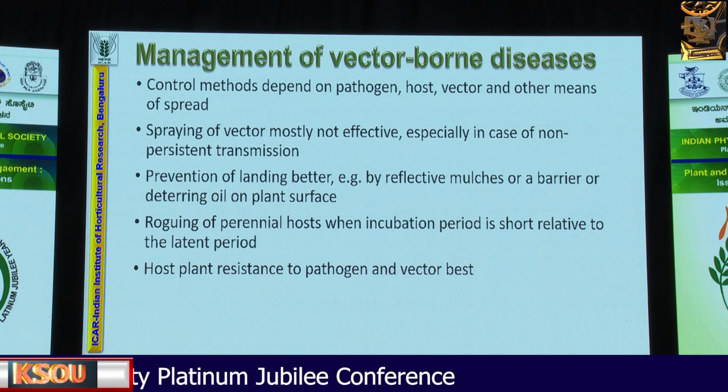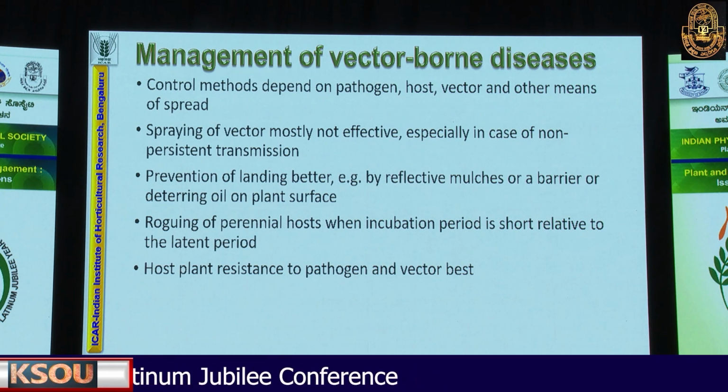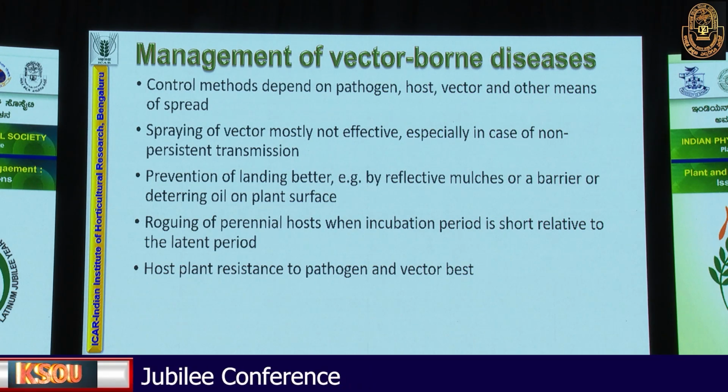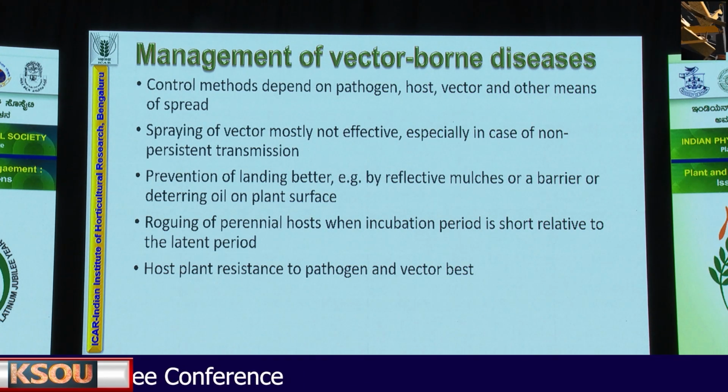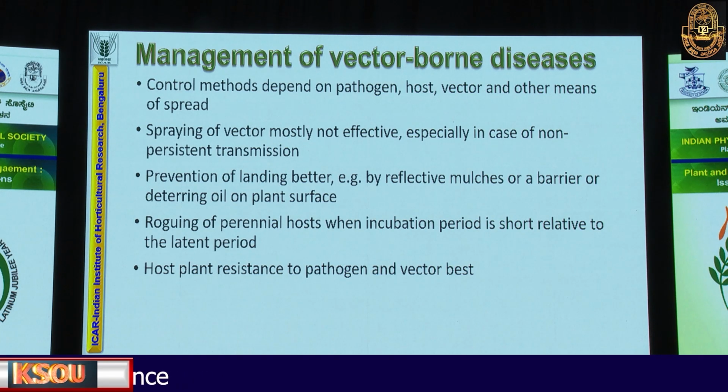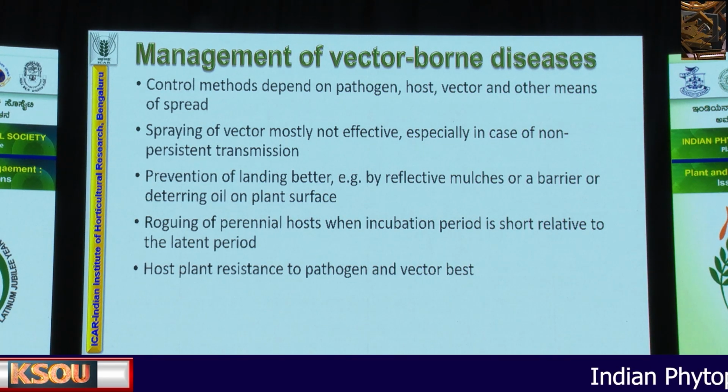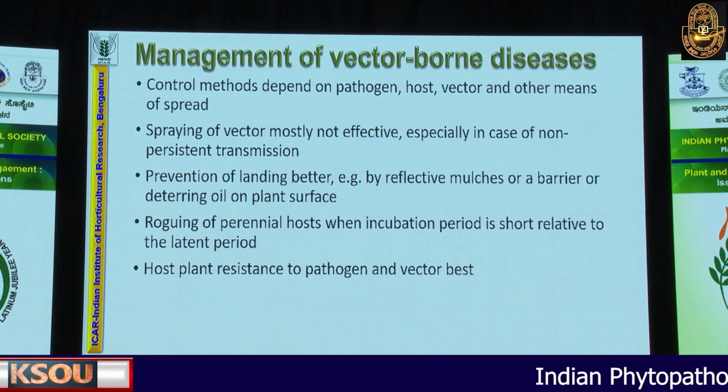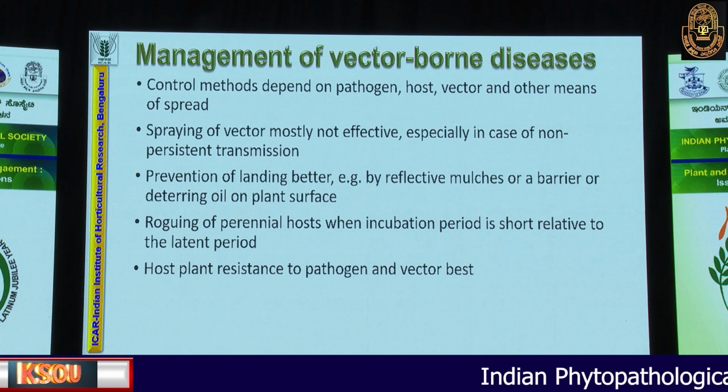Control depends on the interaction of all three types of behavior: non-persistent, persistent and semi-persistent. Spraying is the most commonly used method, but it is not useful for non-persistently transmitted viruses, because the moment you apply the insecticide, the virus is already inserted and the symptoms will develop.